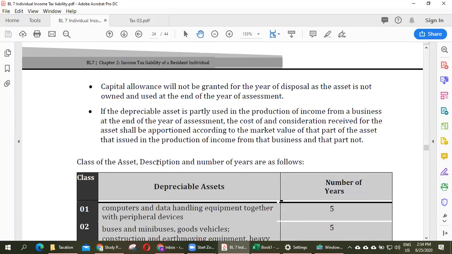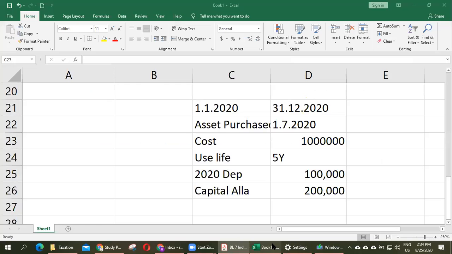Capital allowance will not be granted for the year of disposal, as the asset is not owned and used at the end of the year of assessment. As I told you earlier, if the asset is used for a single day in the year of assessment, we have to allocate the full 12-month capital allowance.